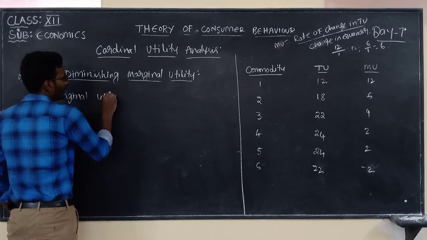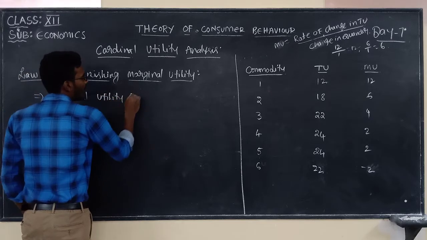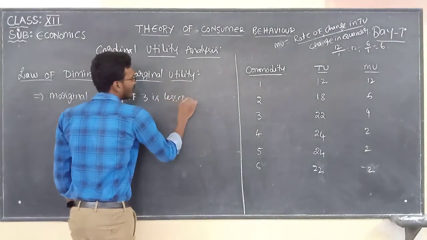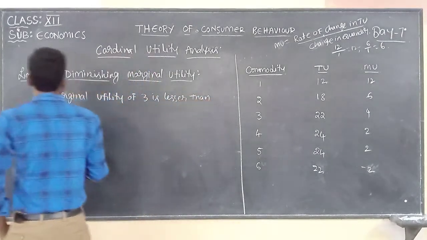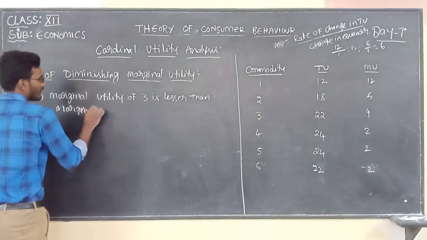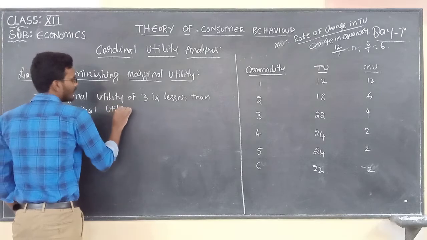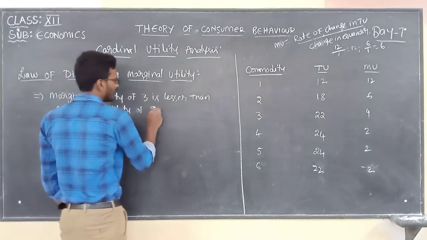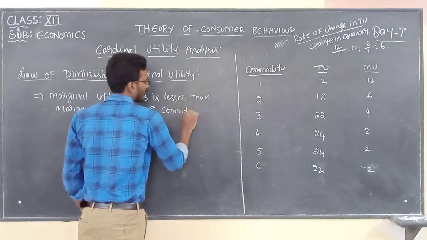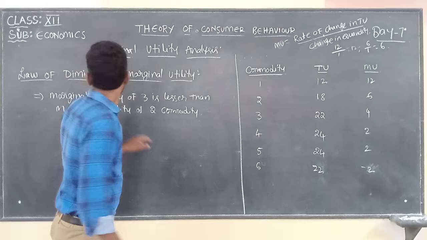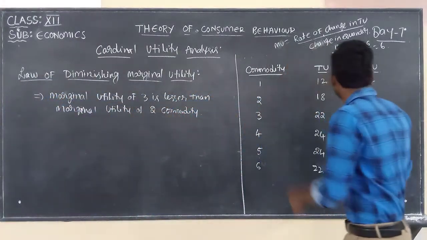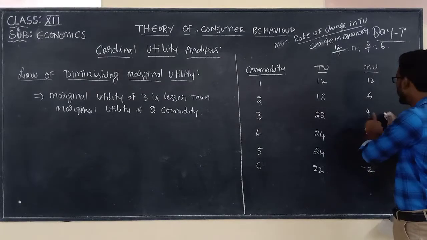The marginal utility of the third commodity is lesser than the marginal utility of the second commodity. The marginal utility of the third commodity is 4.